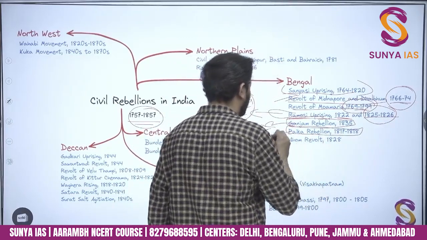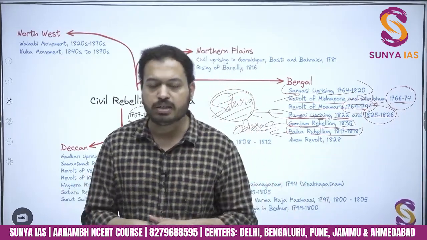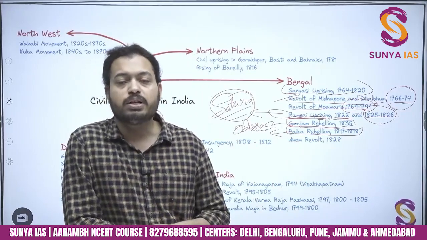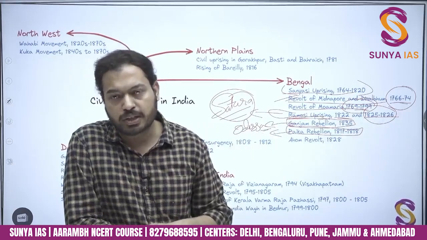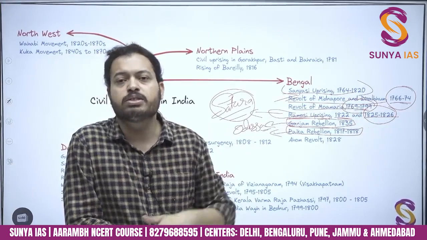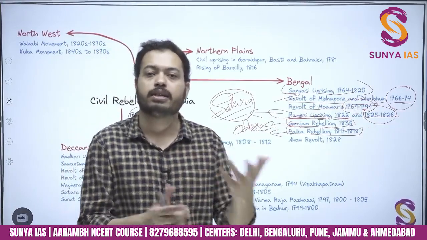Paikas were again in the Odisha region, in the erstwhile Ganjam rulers' time. Paikas were the policing tribe. They were given the work of policing. Now, when the Britishers took over, they had their own policing system, so they didn't need the support of the Paikas. So Paikas were out of work and they rebelled.